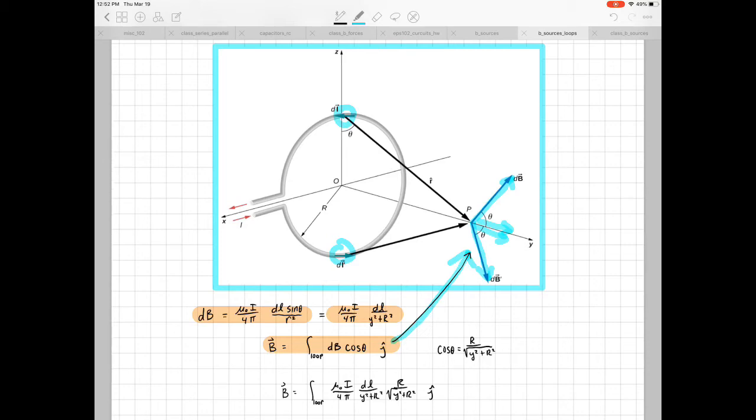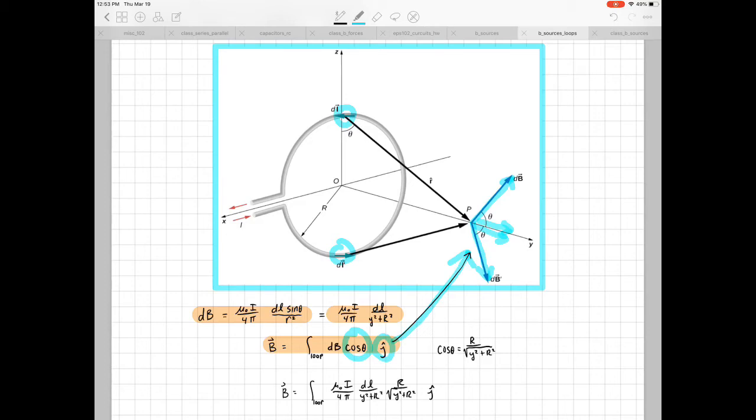So what that means is that when we take this dB, all that's going to survive is the component along the y-axis, which is why I've got this cosine term, because it's not dB that we're going to add up. It's just the portion that's pointing in the y direction, and that's why I also have the j hat vector there, because this vector is going to be pointing along the y-axis.